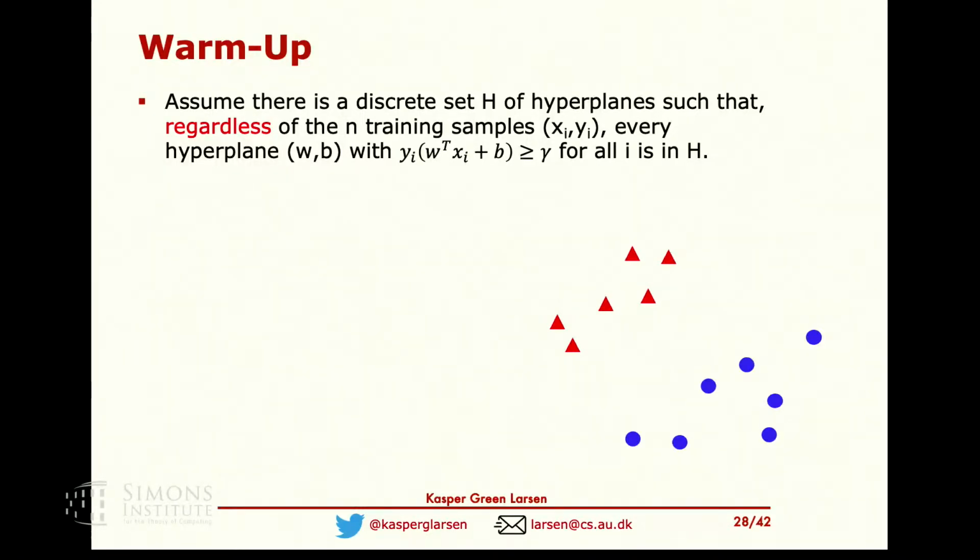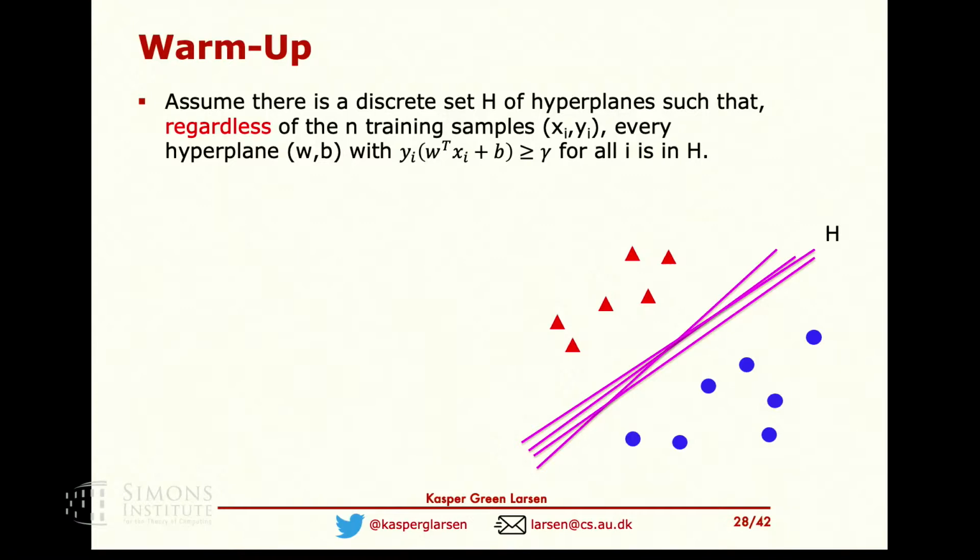And moreover, it doesn't depend on the concrete training data set. Just imagine there's some set of hyperplanes so that no matter what n training points I get, I'm guaranteed that if I had a hyperplane with large margins, it would be in H. Of course, this is not true, but let's just pretend that it is and see how we can use this assumption.